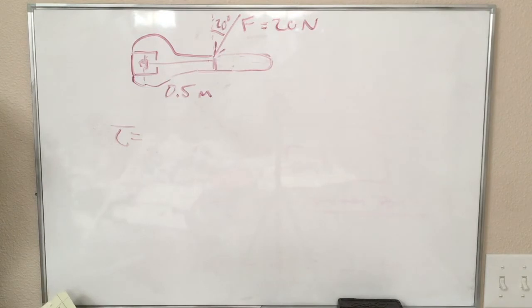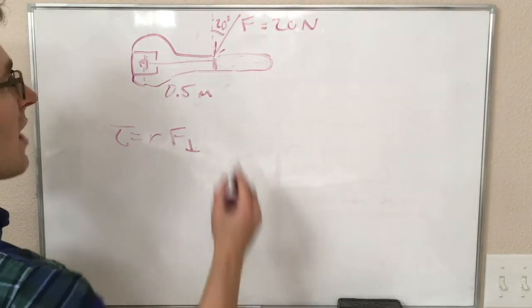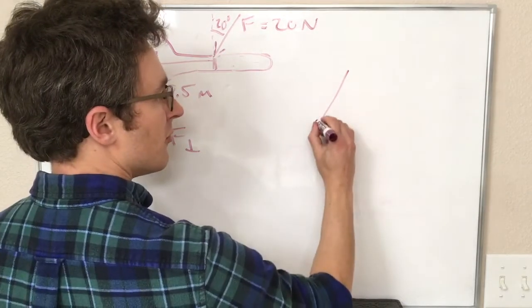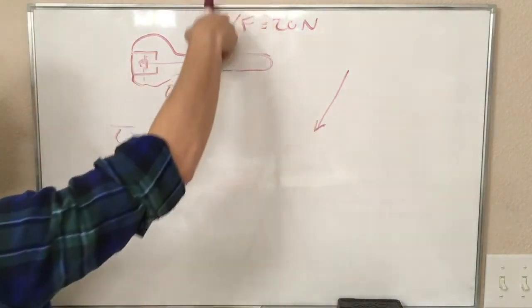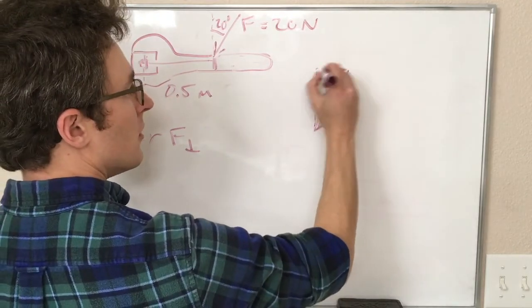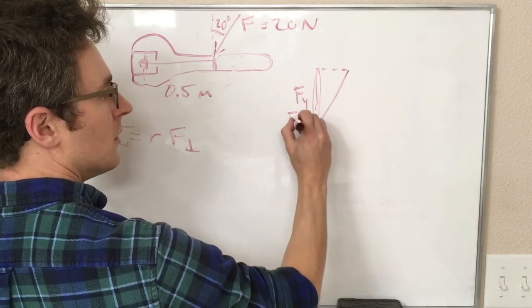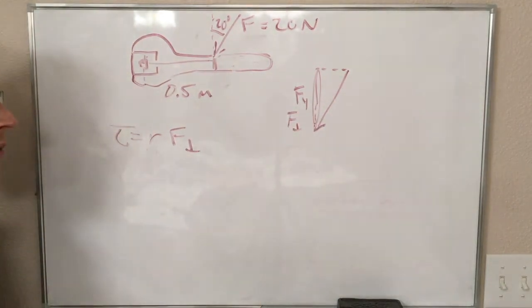Well, our torque is still R F perpendicular. F perpendicular now, if our force is like this, the perpendicular component is this vertical one. So this component is what we want. That's like Fy. We can also call it F perpendicular, either way.